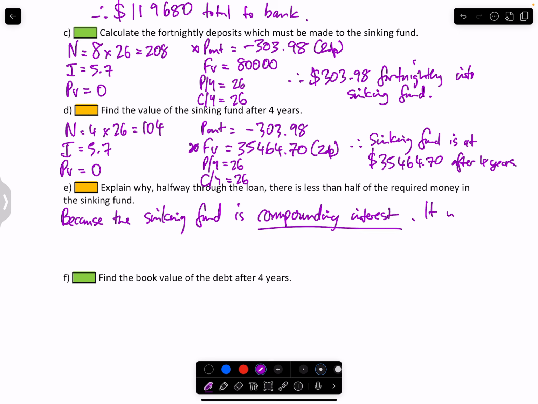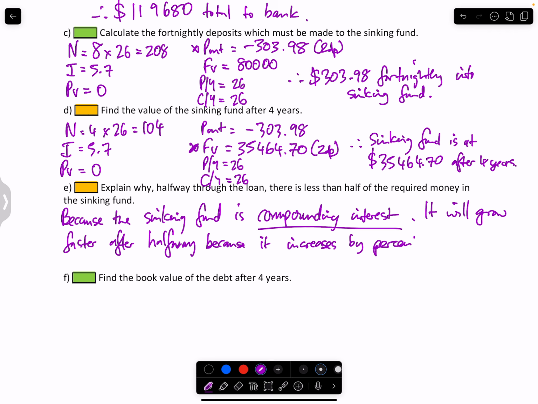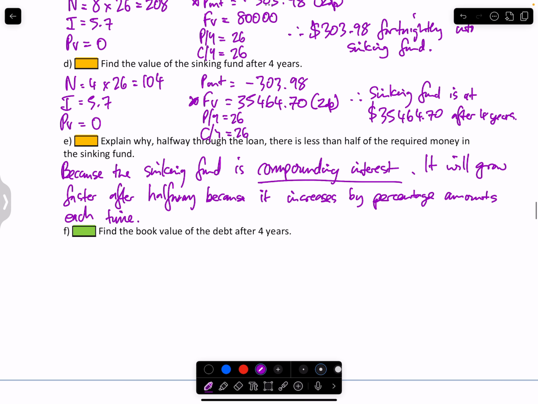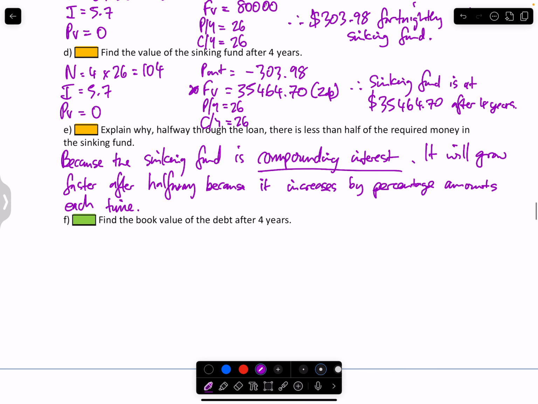It will grow faster after halfway because it increases by percentage amounts each time. Basically, just say how compounding interest works. That's why it's less than half, because after it's going to speed run to the end of the amount.